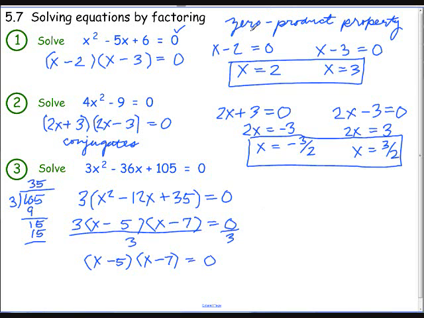So I have 0 and I have a product. I'm all ready to solve this. X minus 5, one factor, equal to 0, and x minus 7, the other factor, equal to 0, for x equal to 5 or 7.